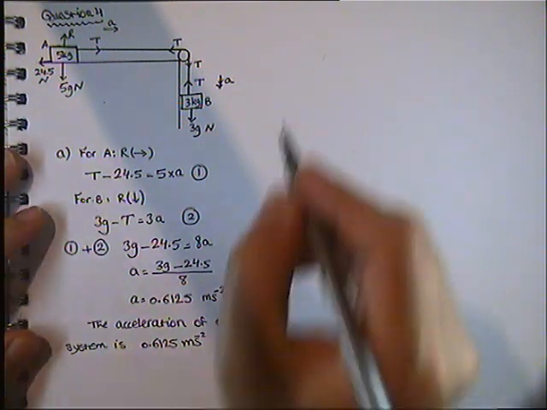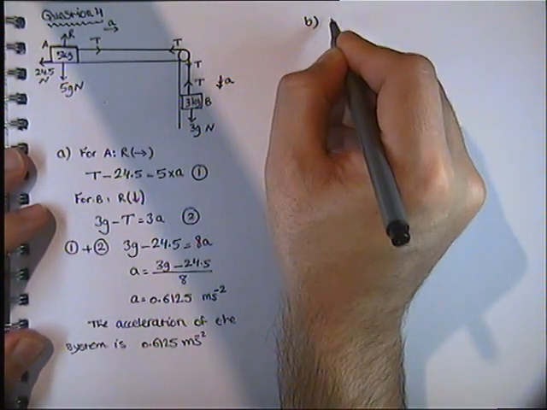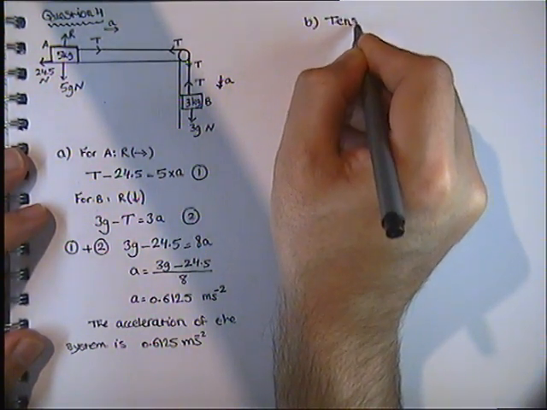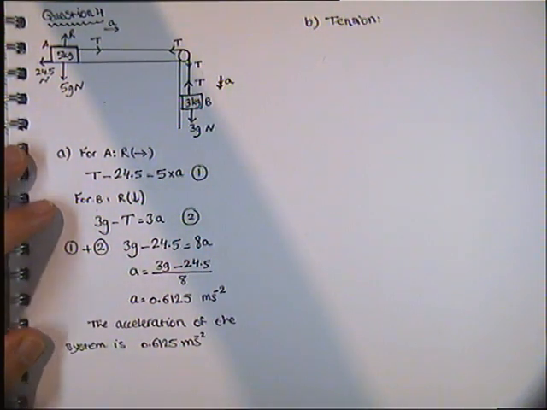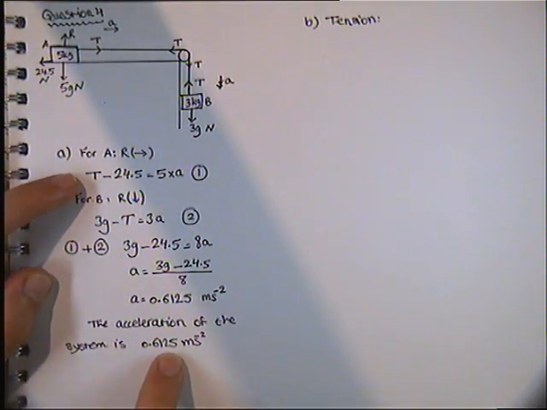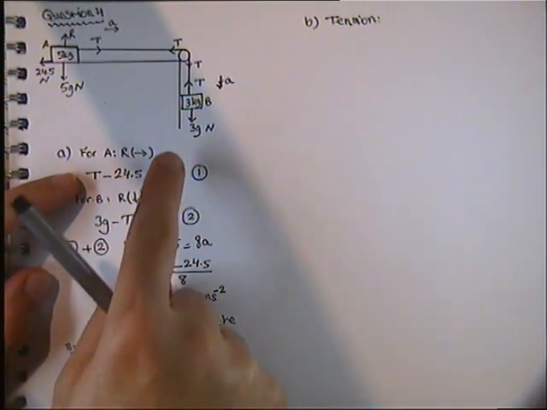Part B says find the tension. To find the tension, obviously we worked out the acceleration. You can substitute the acceleration into either equation 1 or 2.